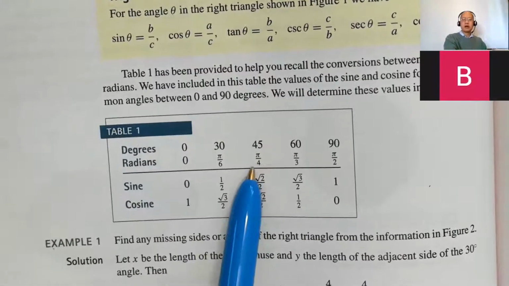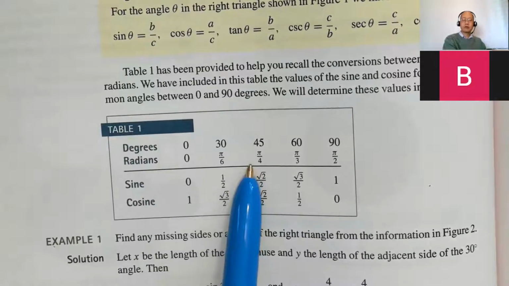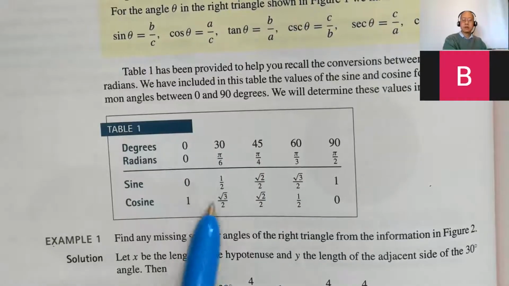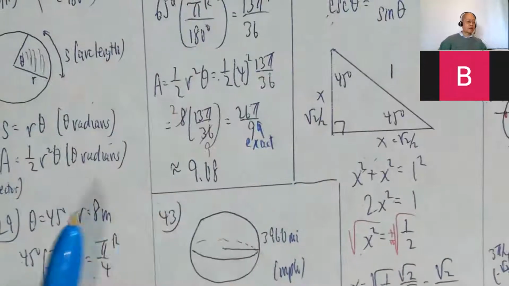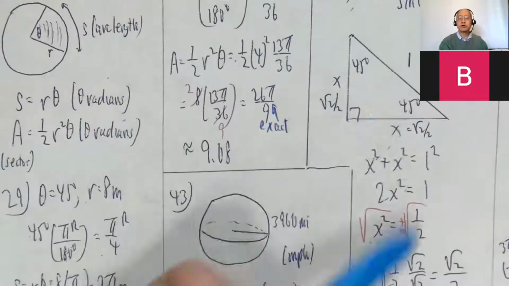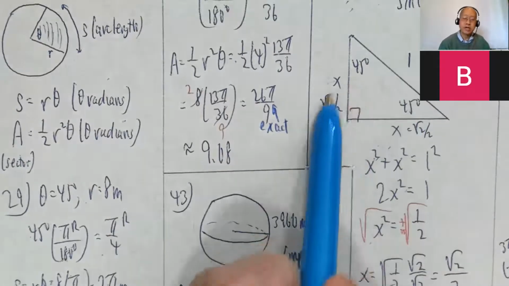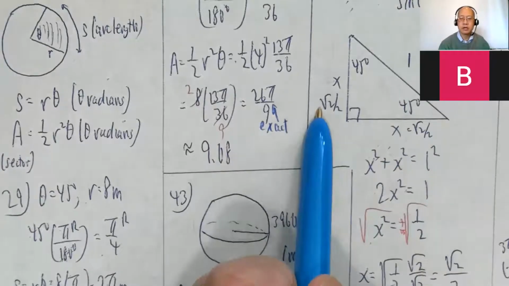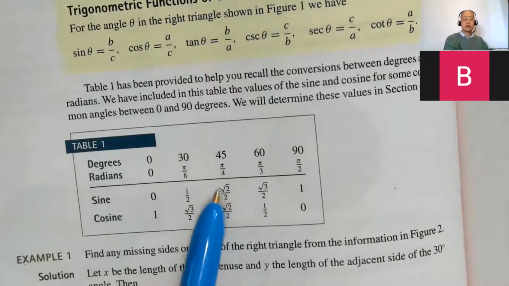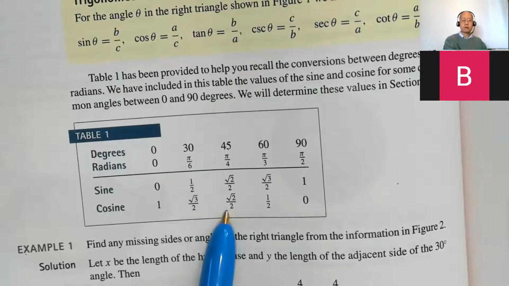So that proves the sine of 45 degrees is radical 2 over 2. 45 degrees is the same as pi over 4 if you do the conversion factor. And then notice cosine is also radical 2 over 2 at a 45-degree angle. So cosine of 45 degrees is adjacent over hypotenuse, or the adjacent is still radical 2 over 2. So radical 2 over 2 divided by 1 is still radical 2 over 2. So that's the reason why cosine of 45 degrees is also radical 2 over 2.